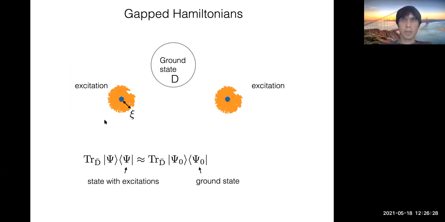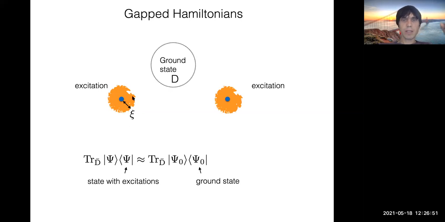So let me try to say a little bit more precisely what I mean by a localized excitation, because it's an important concept. But very roughly speaking, a localized excitation, which I've denoted by this orange blob. This is the best that Keynote would let me do.